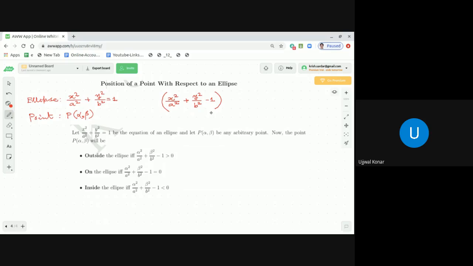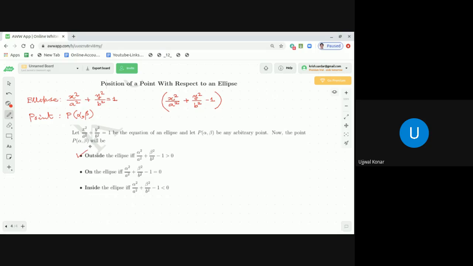That expression we are finding, and the value of that expression at that particular point alpha comma beta. That means you replace x by alpha and y by beta. Then what is the value of the expression we get? Alpha square by a square plus beta square by b square minus 1. Now, if that value is greater than 0, then you can conclude the point alpha comma beta is outside the ellipse.